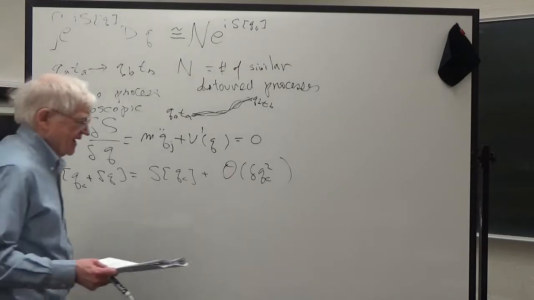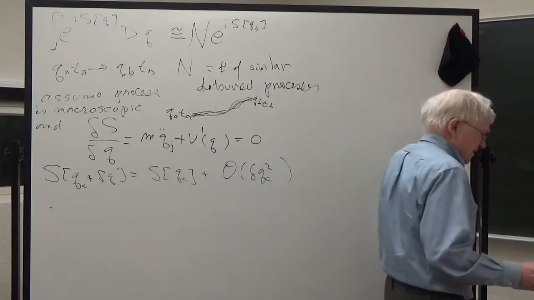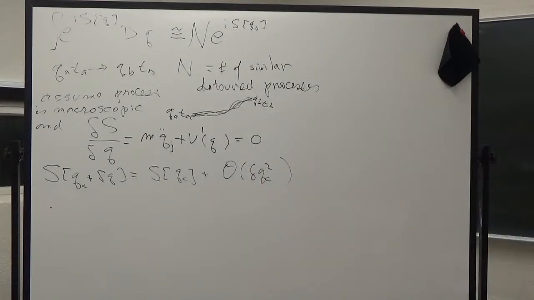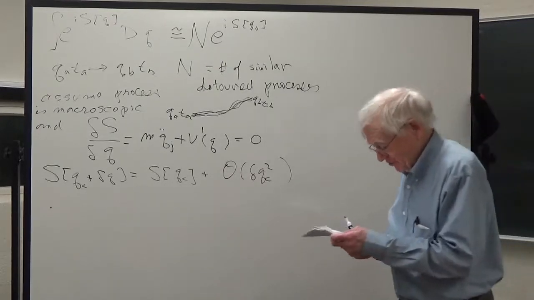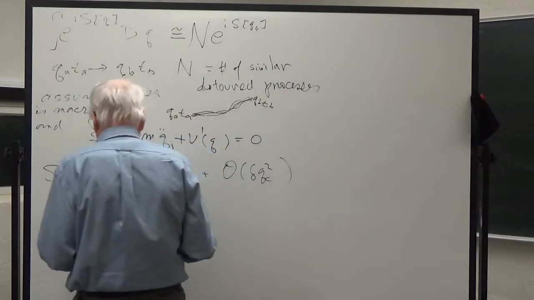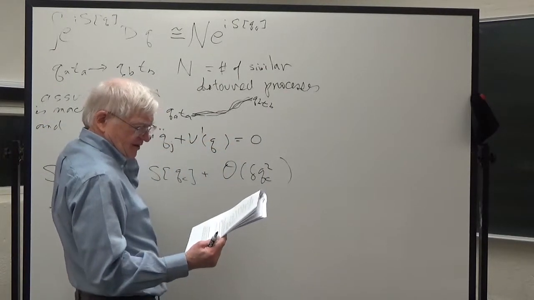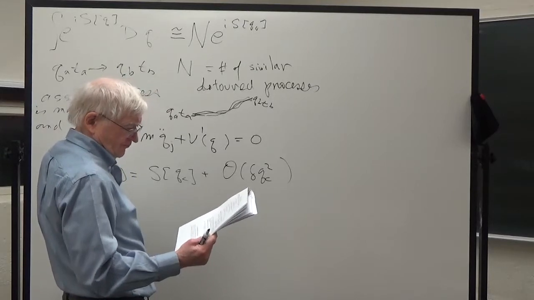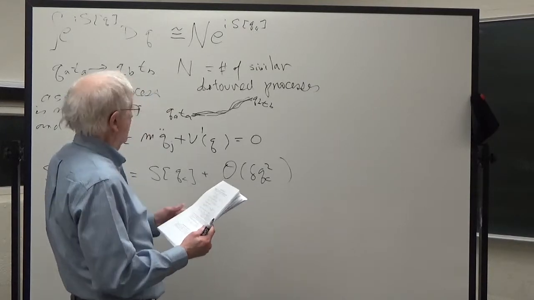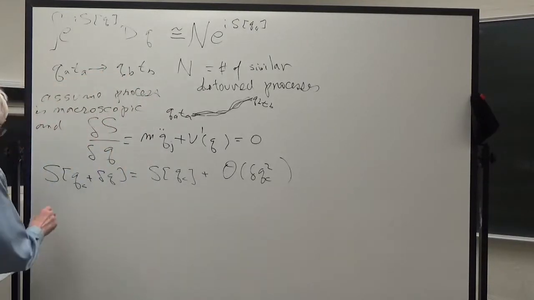Let's take an example, just to give you more confidence in the reality of what I'm talking about, although just invoking Feynman's name should inspire enormous confidence. Let's consider the case of a free particle, V equal to 0. Then what does this look like?